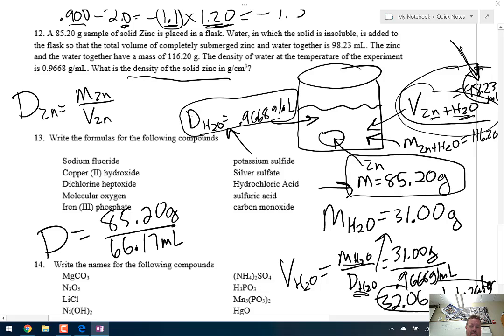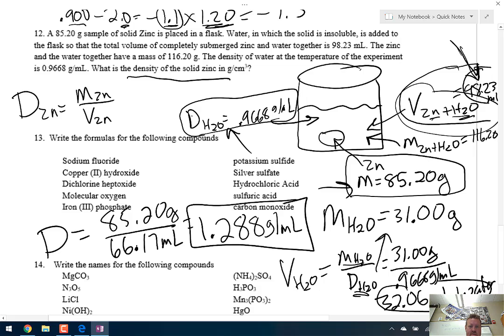So 85.20 divided by 66.17 equals, I hit subtract instead of divide, that's great, 1.2, and I'm going out 4 significant figures here, so 1.288 grams per milliliter is now my final answer.